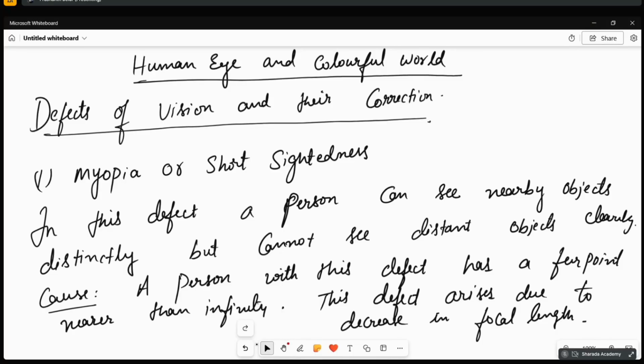You can see near objects clearly, but far objects you can't see clearly, which means focal length is decreased here. It can happen because of the elongation of the eyeball or excessive curvature of the lens. Excessive curvature means it is bulged, then focal length decreases. Done? Yes.